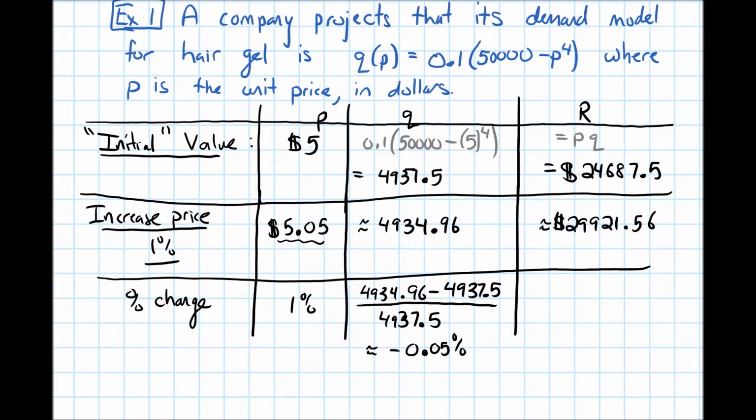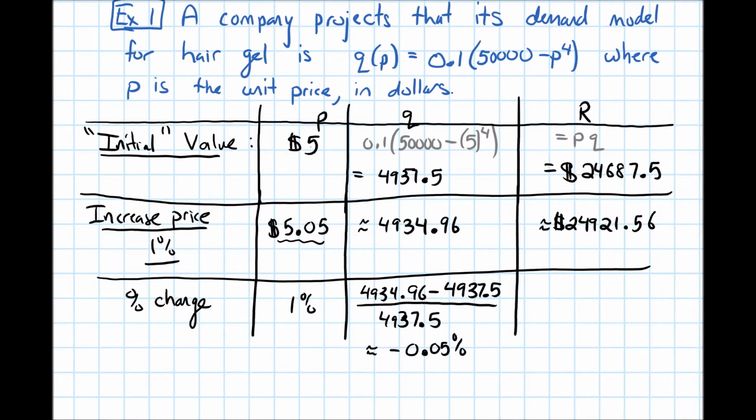You know what? I think there's an error in one of these numbers. I don't think this should be 29,000. I think I just miswrote that. This should be 24,921. Okay, so let's figure out the percentage change in revenue.